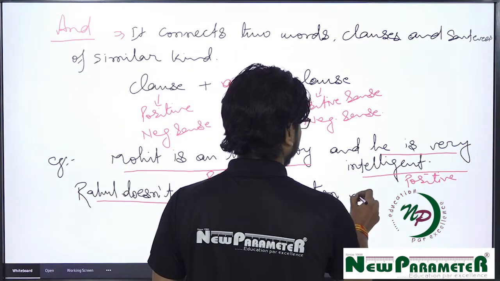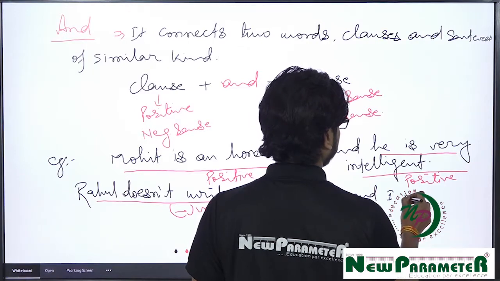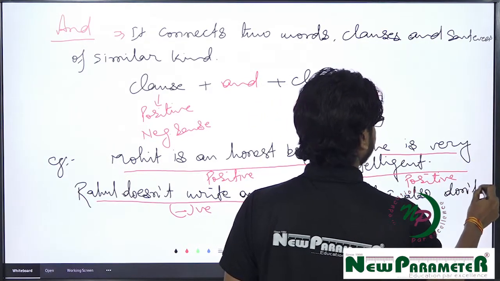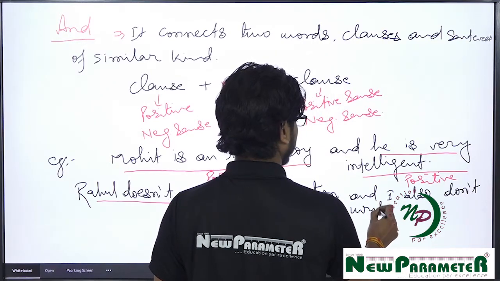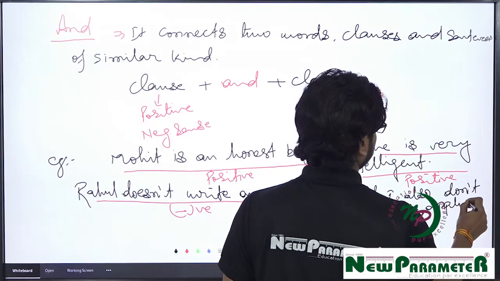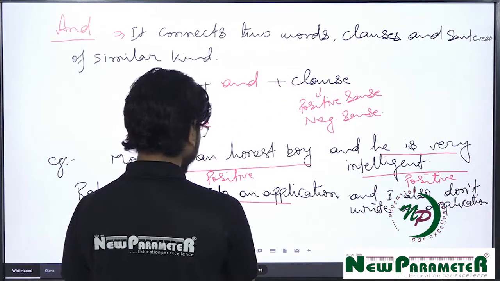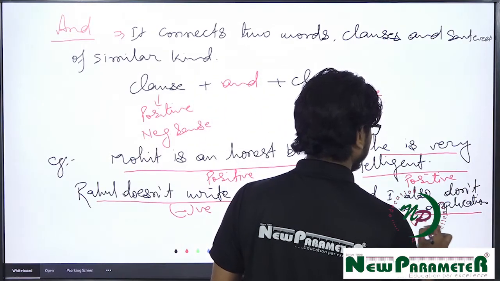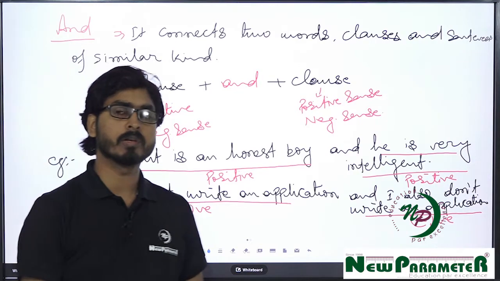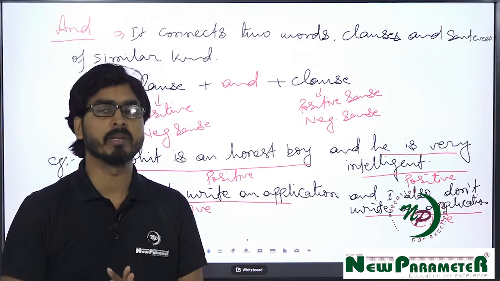If I connect it with the help of and, I also don't write an application. So we can say this also gives you a negative sense. In short, we can say and is basically used to connect two clauses of similar meaning or the same kind of meaning. Okay.